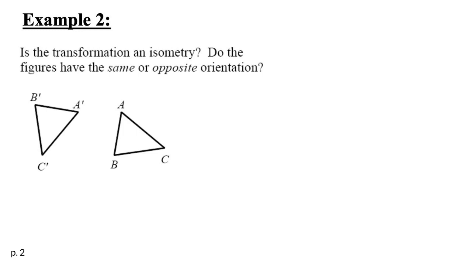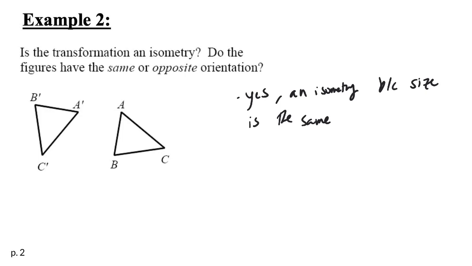Let's try out example 2. In example 2, the first thing I want to see is if the transformation represents an isometry. Once again, if I actually took a ruler out to measure each side of my pre-image and my image, I would see that they're exactly the same size. So I know that this is, once again, an isometry, because size is preserved, or is the same.